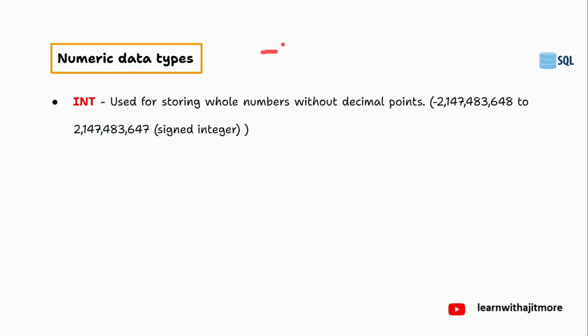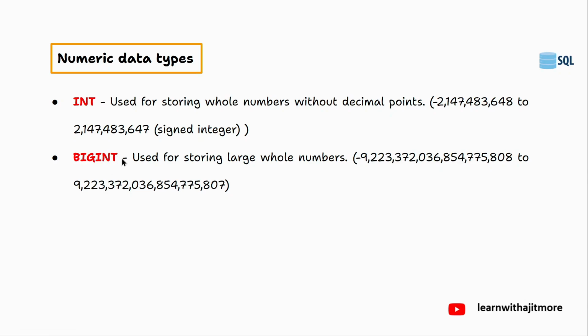So it is approximately minus 2 raised to 31 to 2 raised to 31 minus 1. Okay. So if you find out that value, it is approximately plus or minus 2 billion. Use it when you want to store whole numbers, positive and also negative, both, but whole numbers.